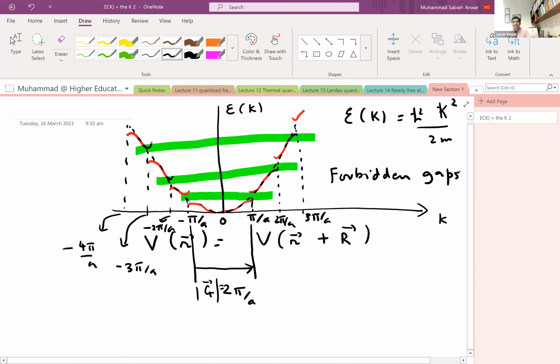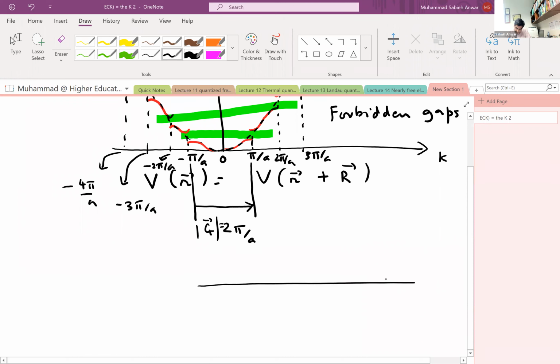Now, what is the physical intuition for all of this? Suppose I have a string of atoms fixed in position, separated by the lattice spacing a. An electron wave comes in with momentum k, and it's one dimensional, so this is a plane wave of electron.